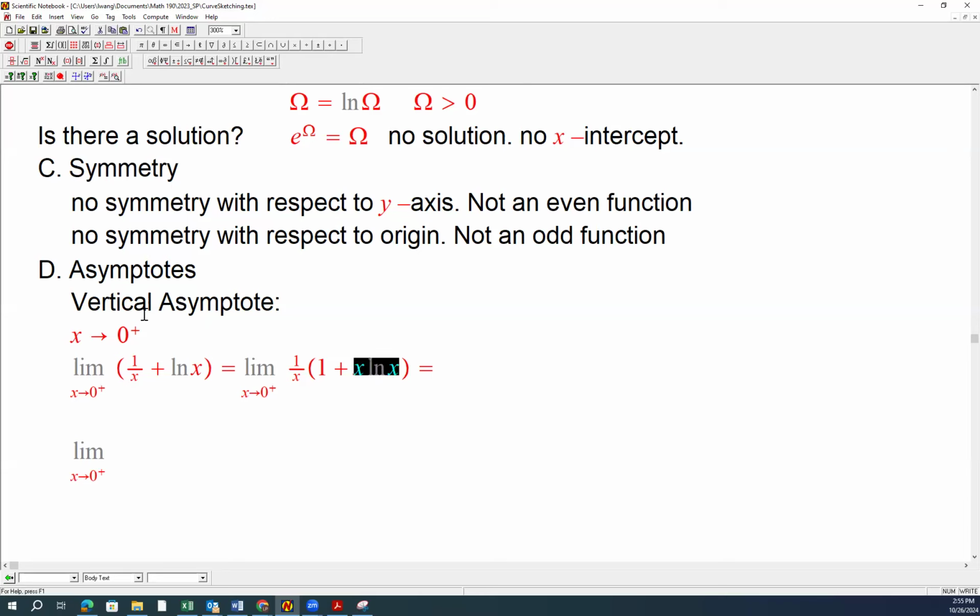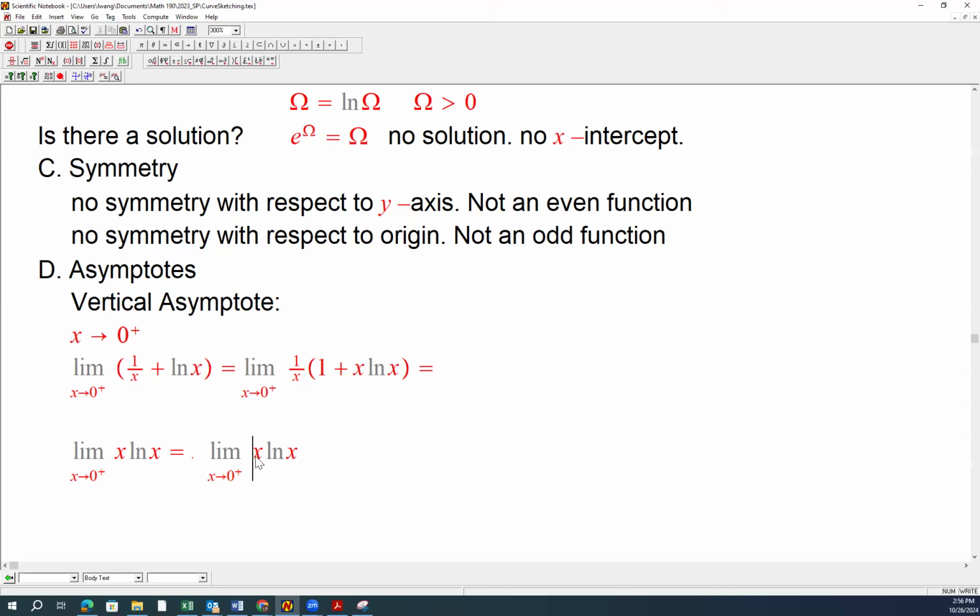So I just want to see what the limit of this piece will be. I think we did something similar with L'Hopital's rule. It's an indeterminate form.